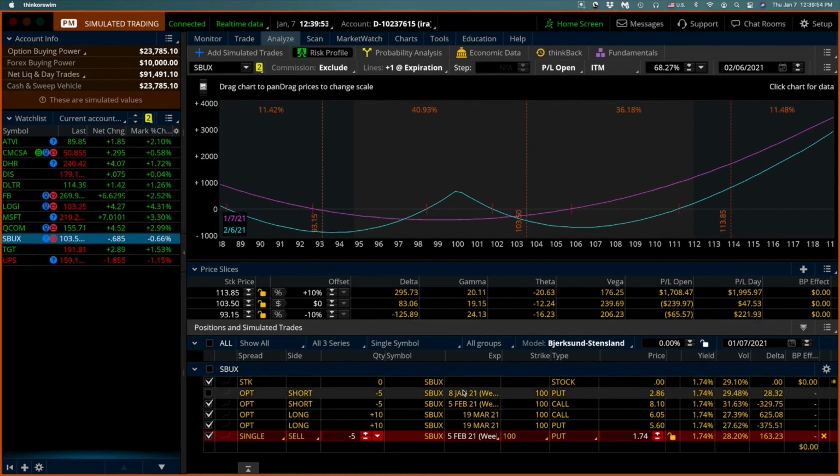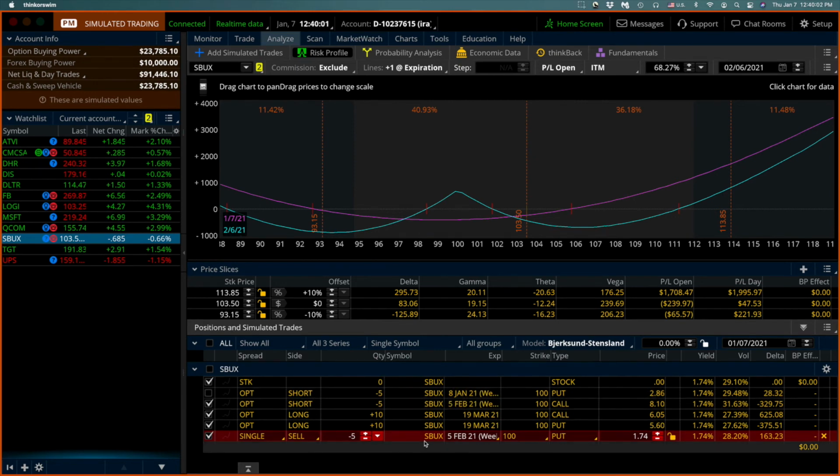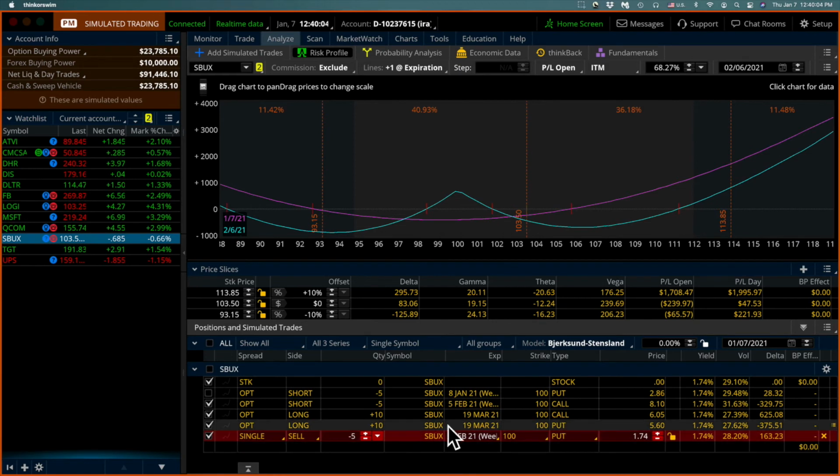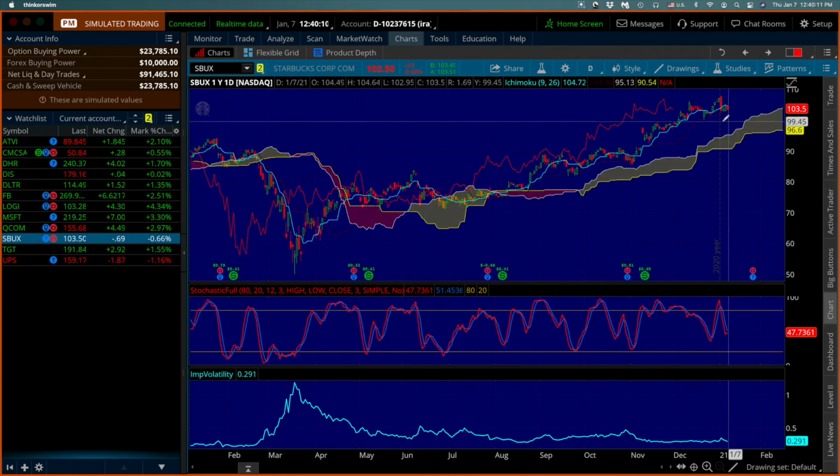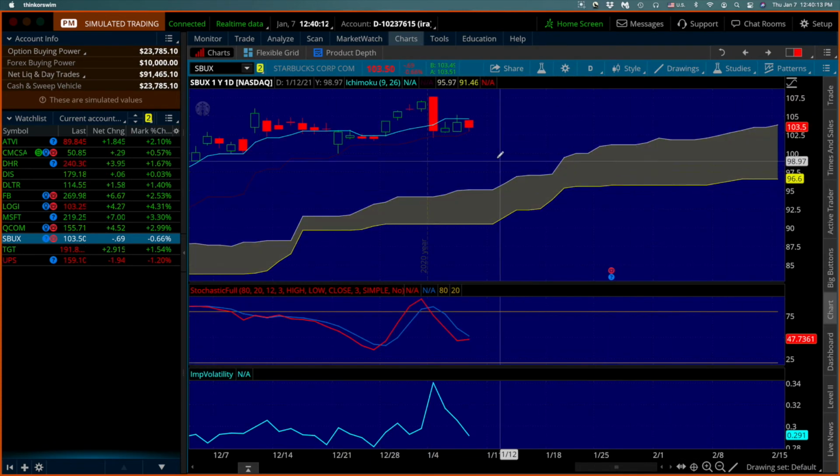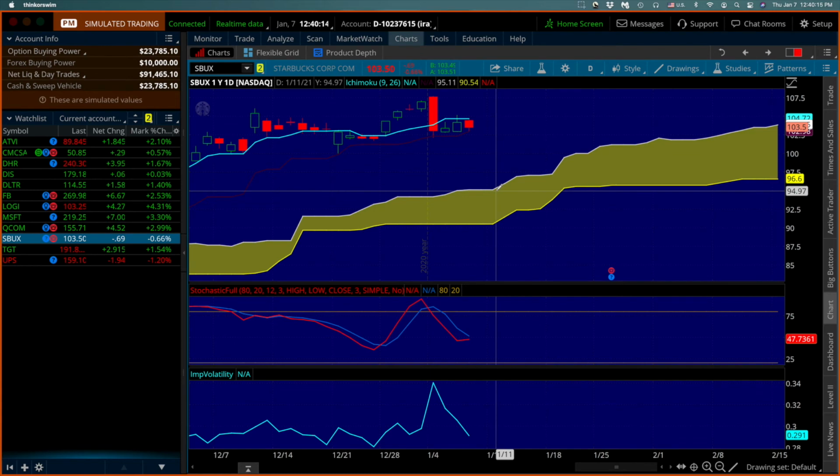Yeah, so I was saying that the January put is about to expire worthless tomorrow, which would be a good reason to sell puts, February puts. But I don't want to do that because the stock is looking downish compared to other stocks. It might come down to test the Ichimoku cloud.